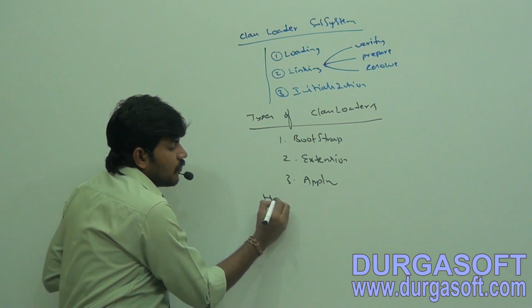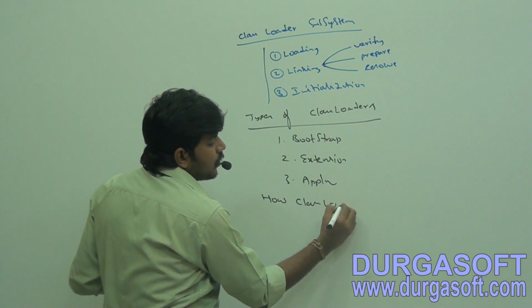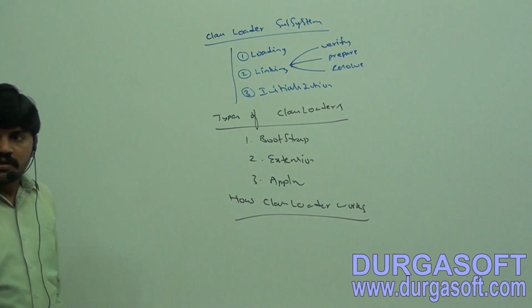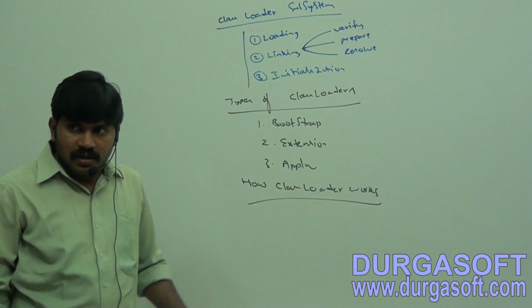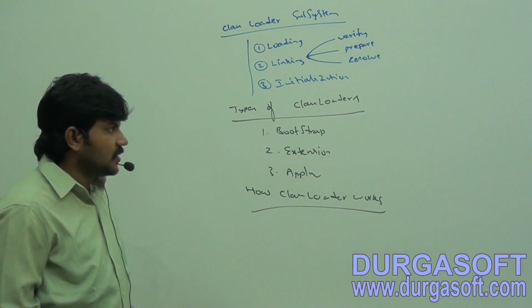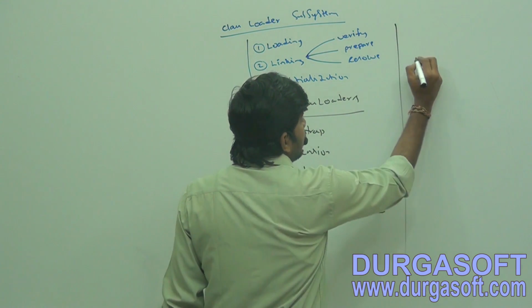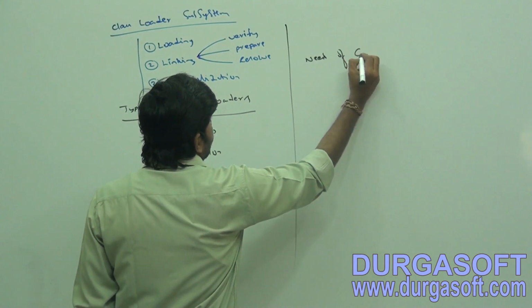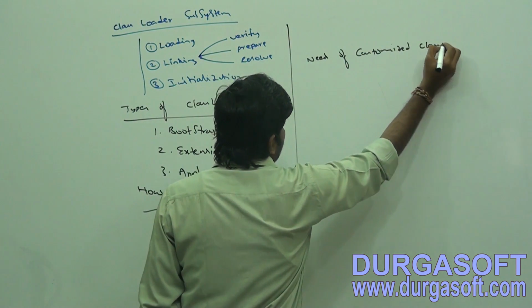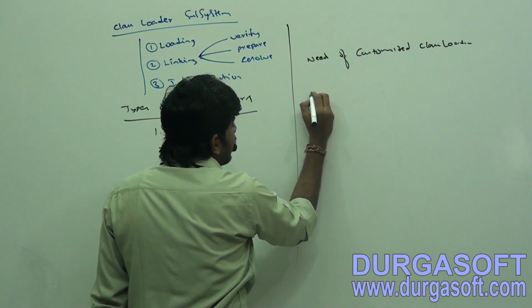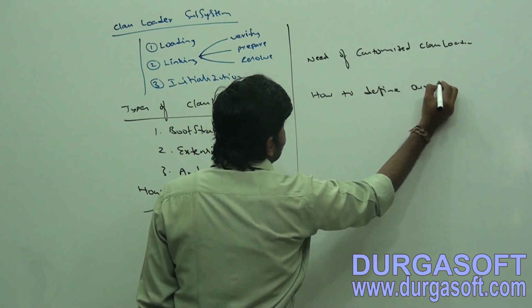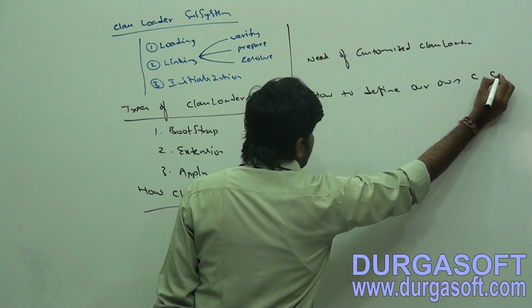Next, the algorithm of how a class loader works. We covered this with an example: the class loader follows the delegation hierarchy algorithm. After that, the need of customized class loaders and how to define our own customized class loader.